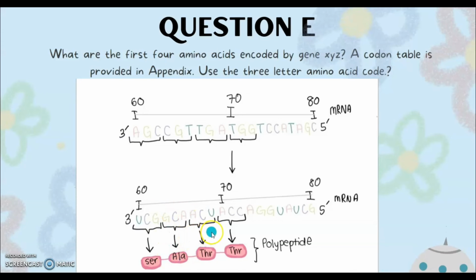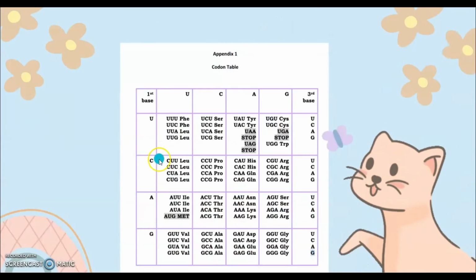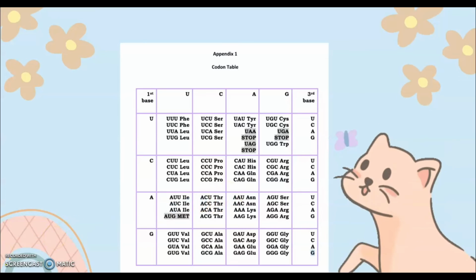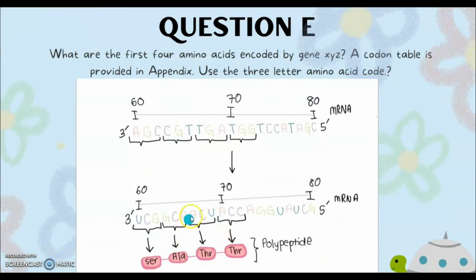Move on to the third group of bases, ACU. The first base is A, the second base is C, move to this column. The third base is U, look at this row. So ACU will form threonine. And the next one is ACC.